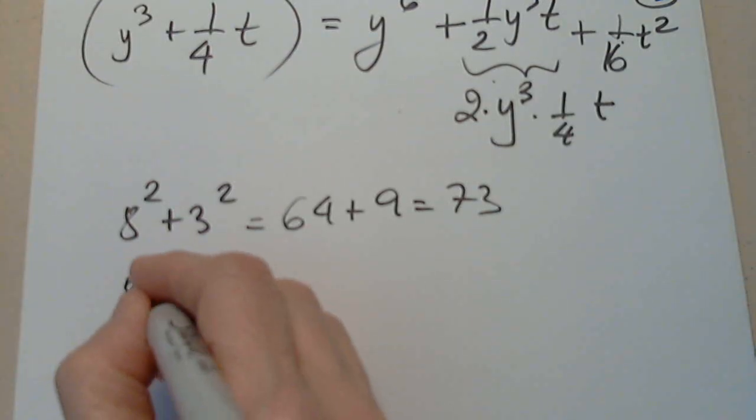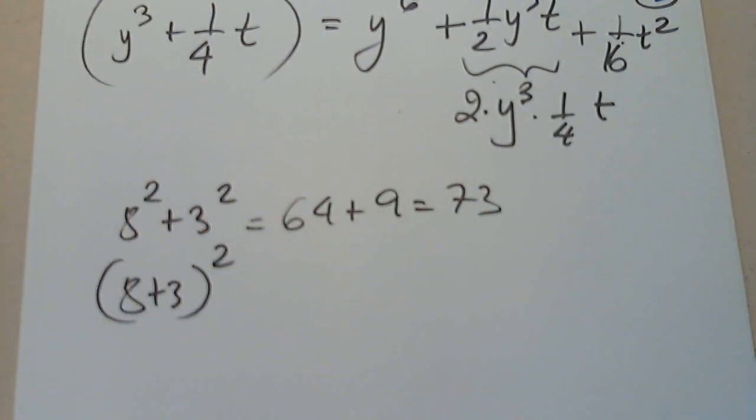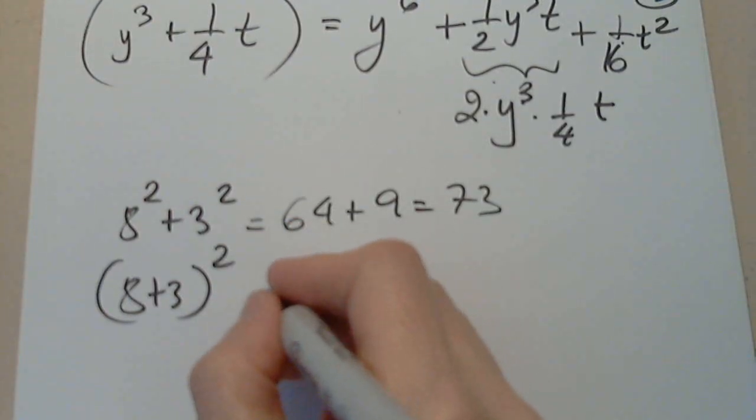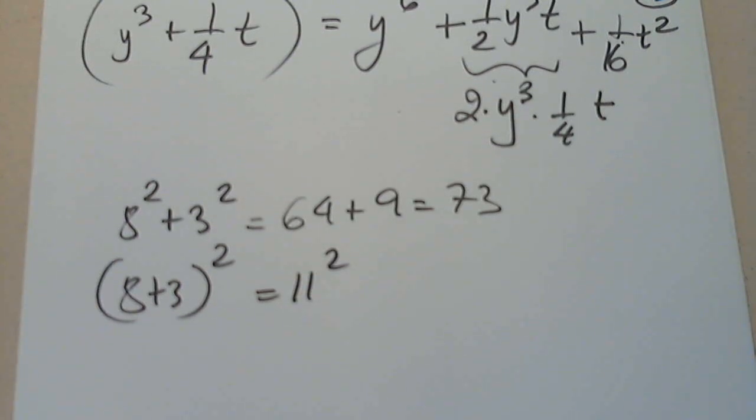Now, if you have 8 plus 3 squared, you're not going to use a special product because 8 plus 3 is 11. So first you will perform the operations in parentheses, and then in this case, I have to square and I get 121.